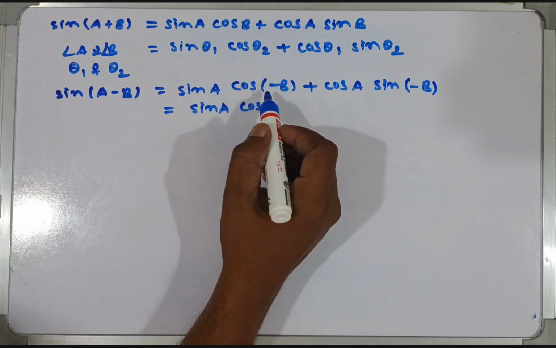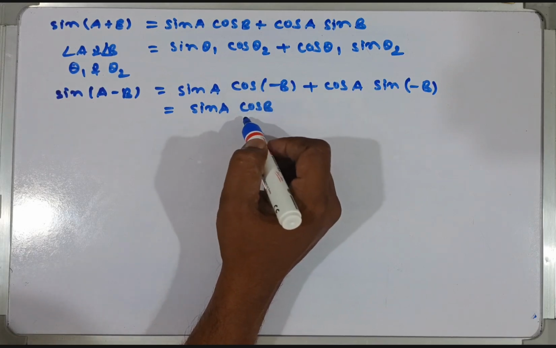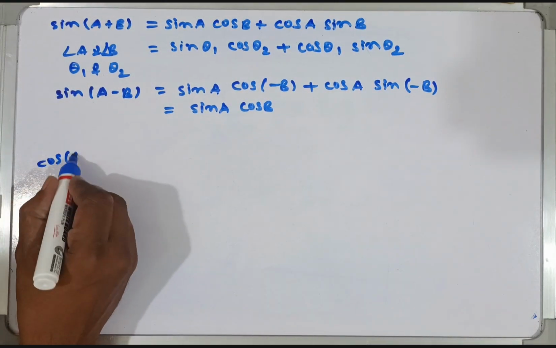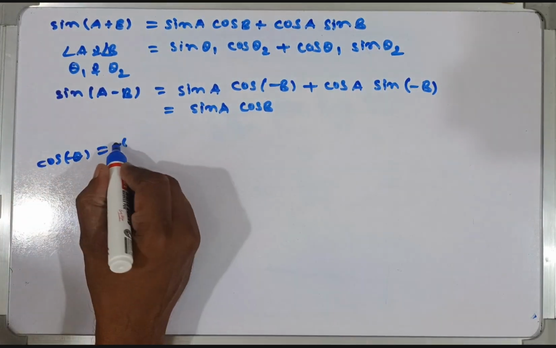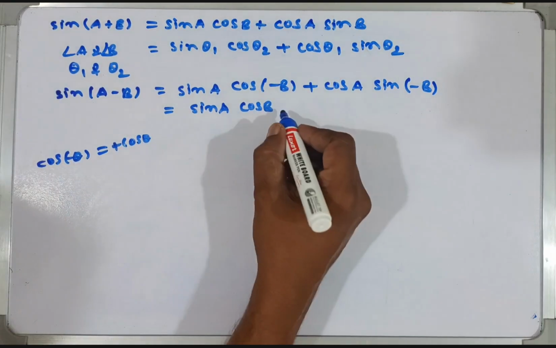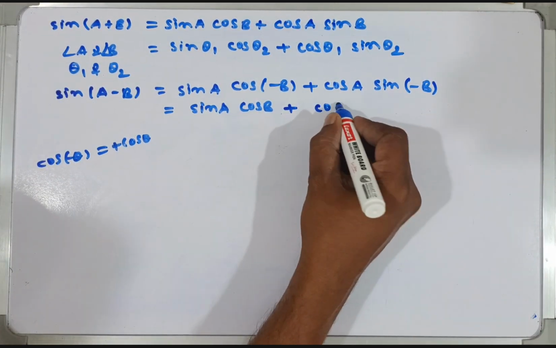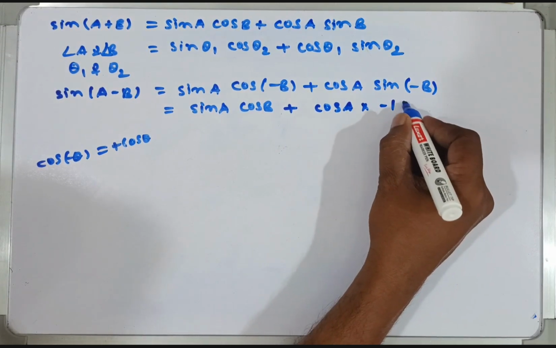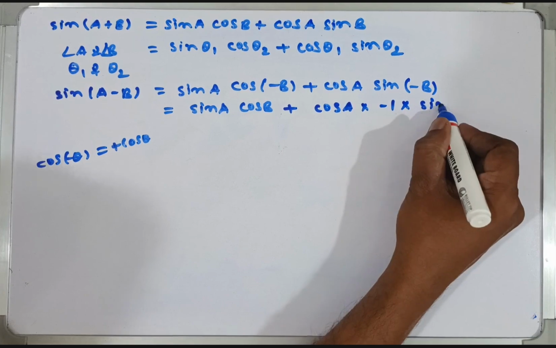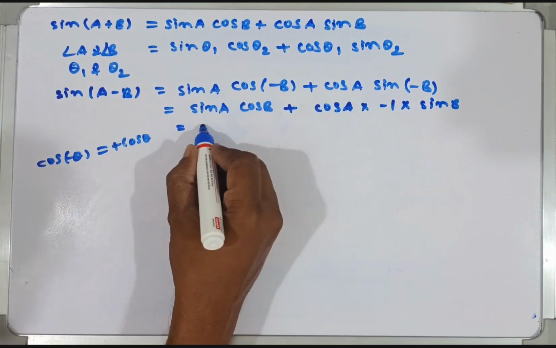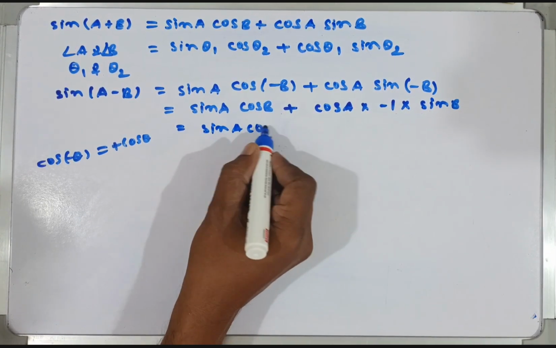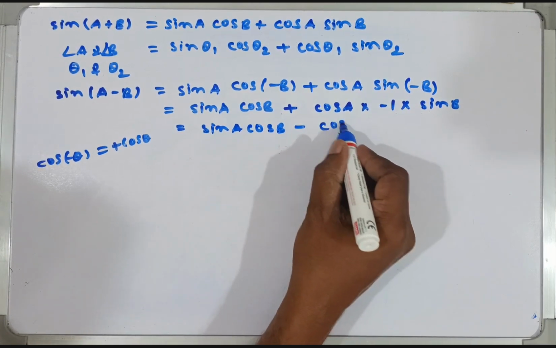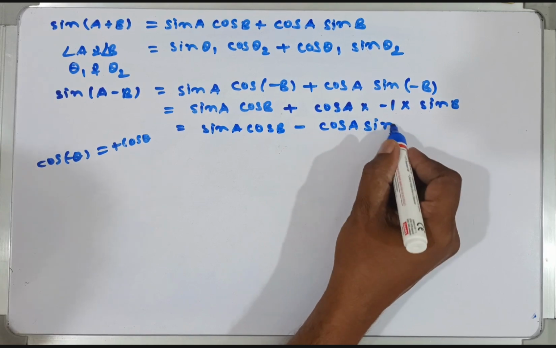Remember that cos of minus theta equals plus cos theta. So this is positive cos b, and then it becomes minus 1 into sine b. So this equals sine a cos b minus cos a sine b.